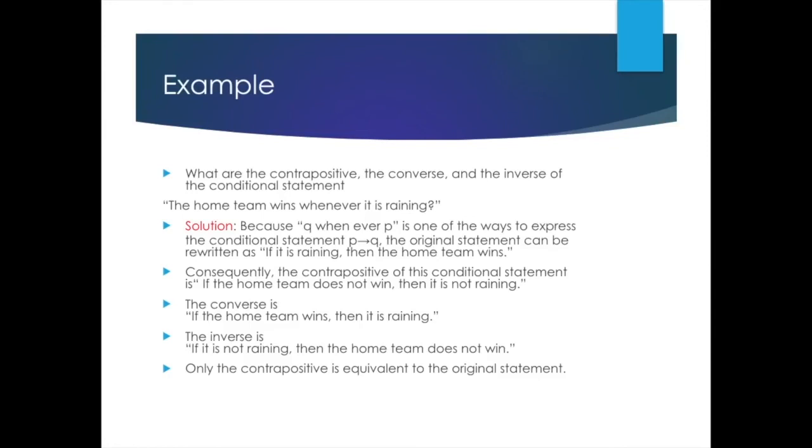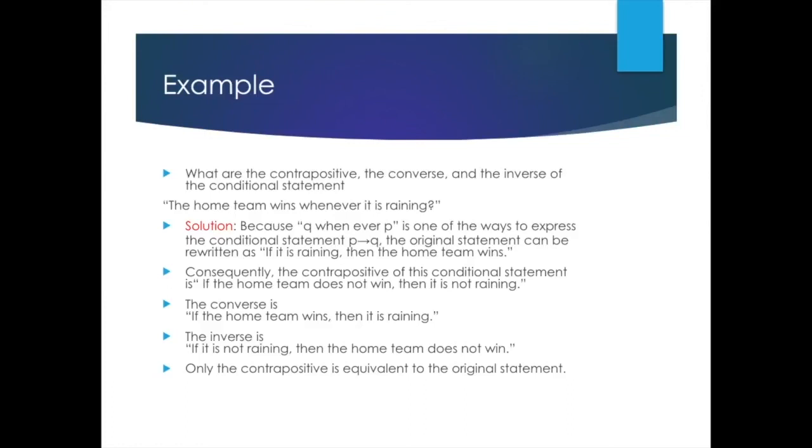Let me now take an example. What are the contrapositive, the converse, and the inverse of the conditional statement: the home team wins whenever it is raining. The solution for that is really simple, guys. We're here just playing with simple English. We just need to change how this statement looks based on the truth table values we studied.